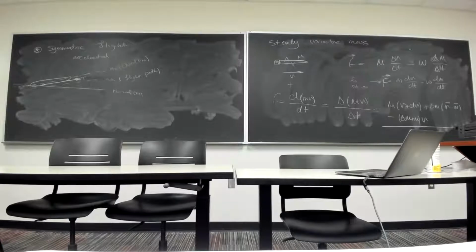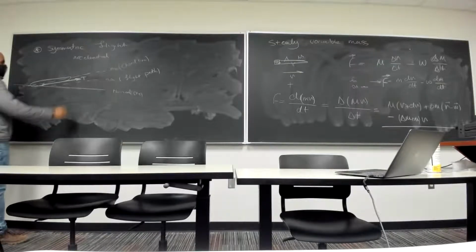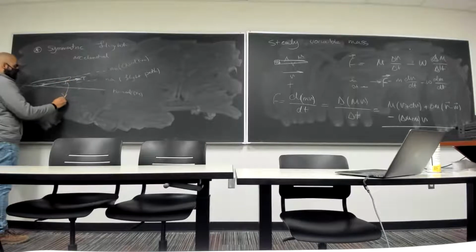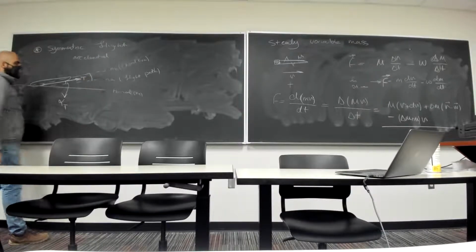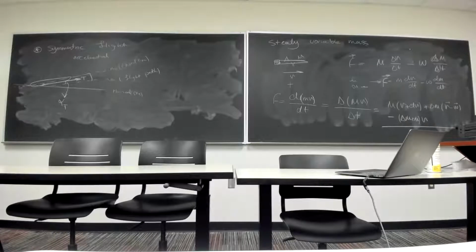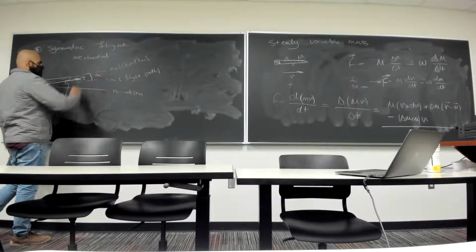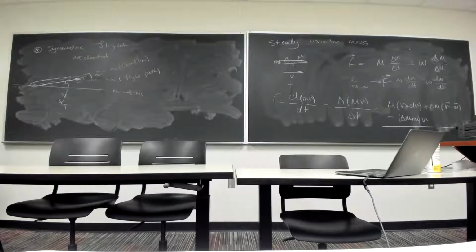Alpha of t, that's correct. Alpha of t is the angle between the flight path and the thrust vector. We're already familiar with this. What is the angle between the chord line and the flight path? Alpha, the angle of attack. And what is the angle between the flight path and horizon?